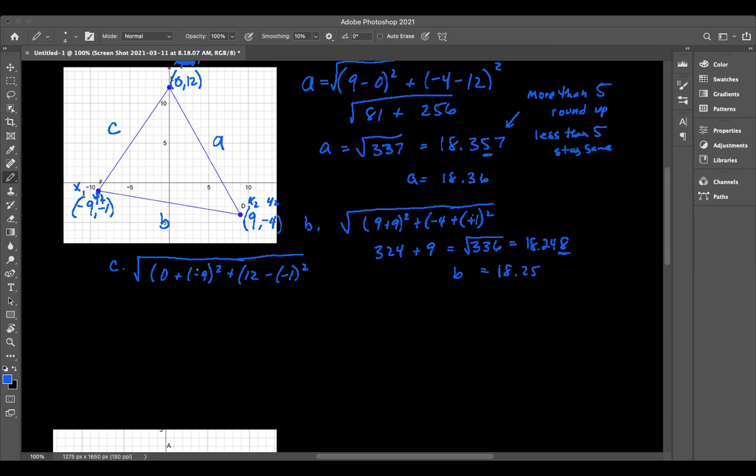So that becomes positive, and this becomes 81. And doing the math here, this becomes 13 squared, which works out to be 169.